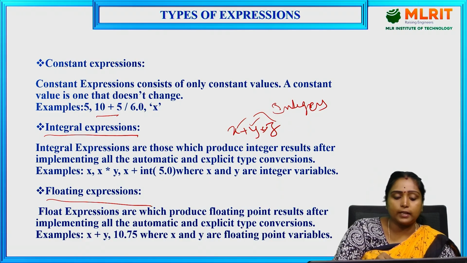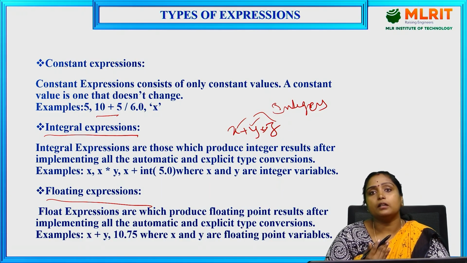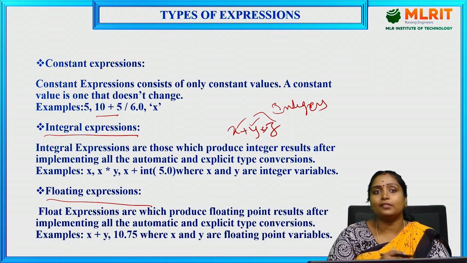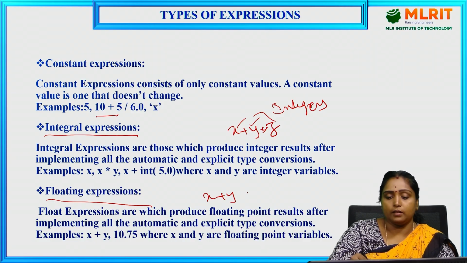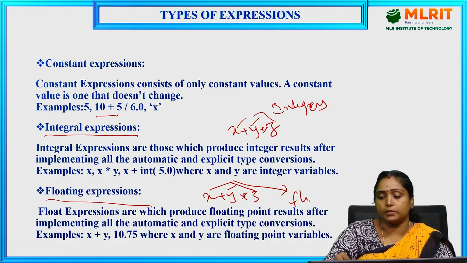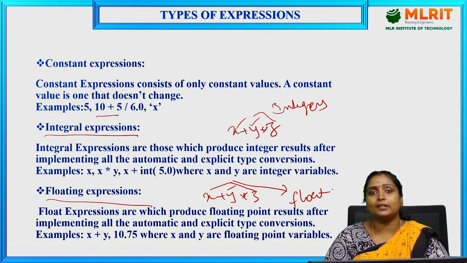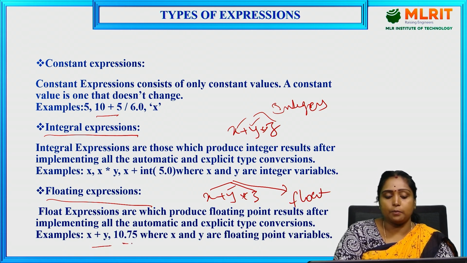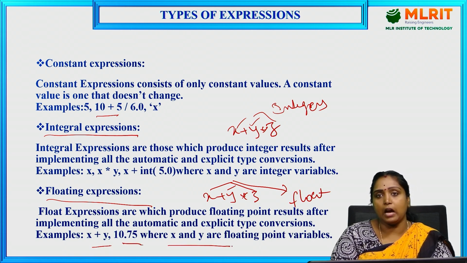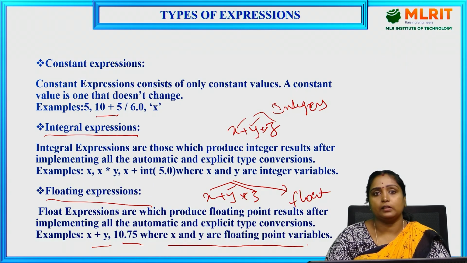Coming to floating expressions, these are expressions which result in floating numbers, like x plus y into z, but where x, y, z are float numbers. Then the expression is said to be a floating expression, or you can say x plus y plus 10.75, where x and y are floating point variables.